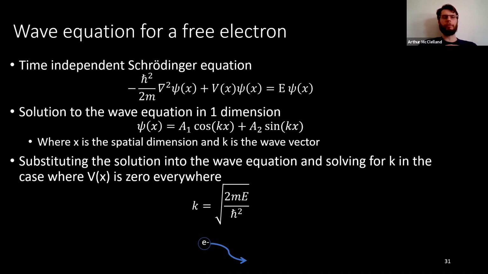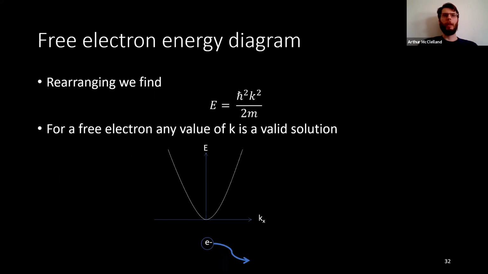So by substituting and rearranging things, we can determine that k, the wave vector, is the square root of 2mE over h bar squared. And here's my little cartoon of a free electron doing whatever it feels like. With a little more rearranging, we find that the energy of the free electron is h bar squared k squared over 2m, which basically ends up as a nice parabolic curve, as you would remember from algebra 2.